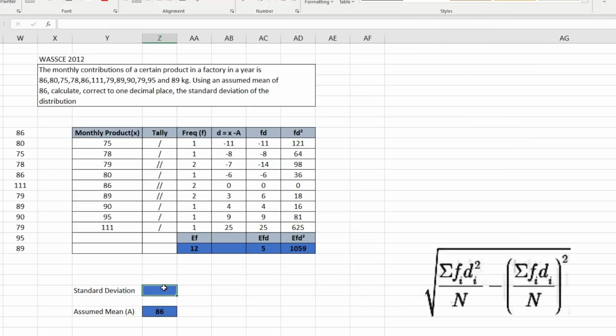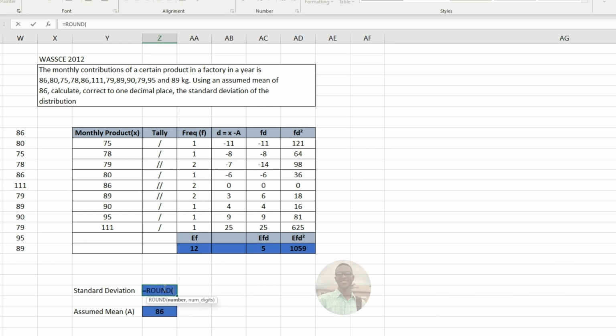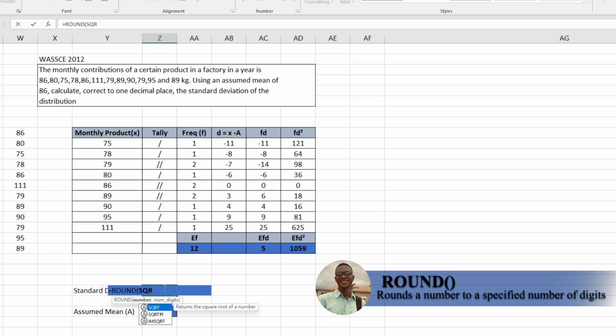Alright, so with our standard deviation here, just as the formula is seen over here, we are going to use the ROUND function since the question says correct to one decimal place, so equal to ROUND. And then I'm going to use SQRT, which stands for square root.